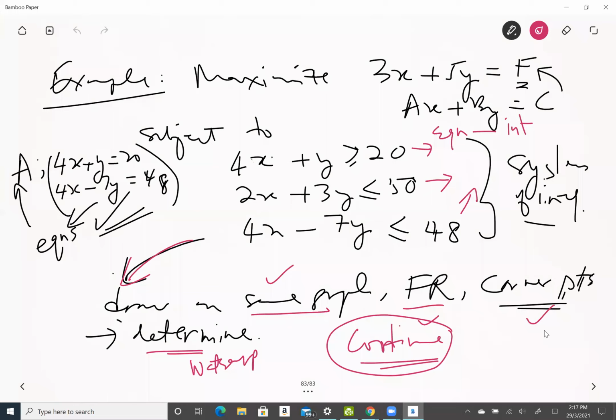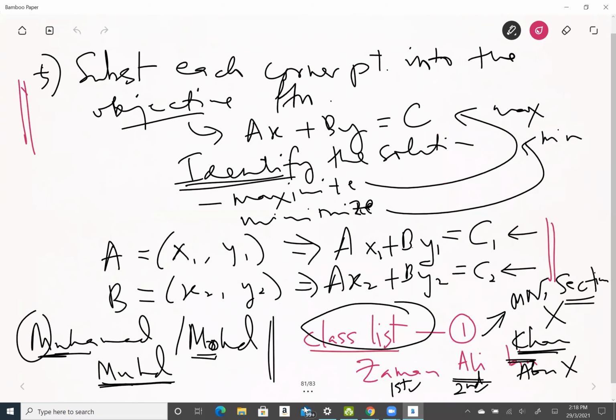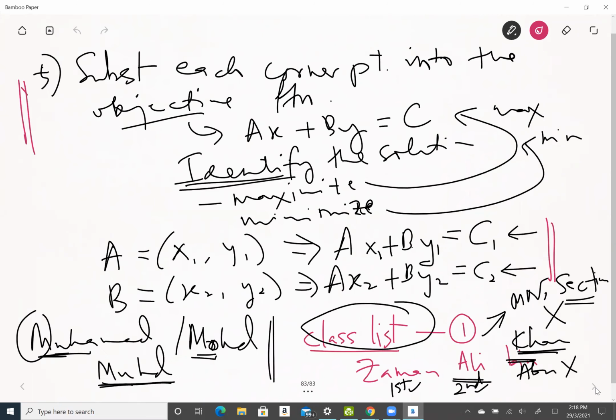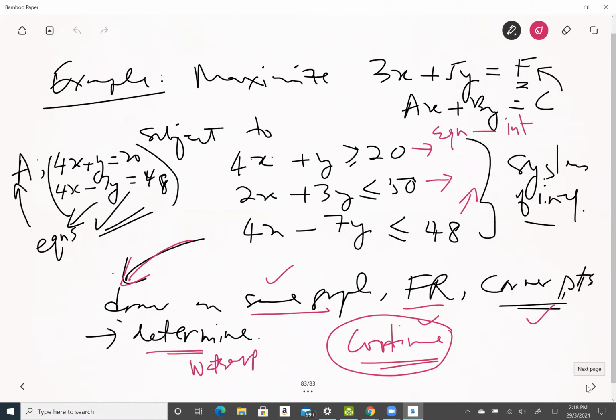Subject to 4x plus y equal 20, and then I have 2x plus 3y less or equal 50, and 4x minus 7y less or equal to 48. Now, what are the intercepts for 4x plus y equal 20? Anybody who got it? Can you just tell me so that we can do this quickly? The x-intercept is 5.